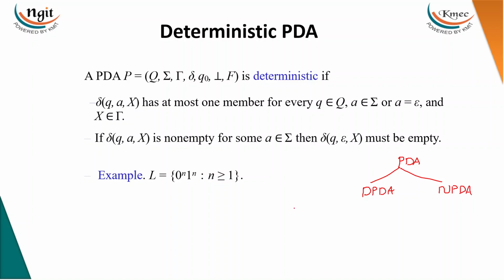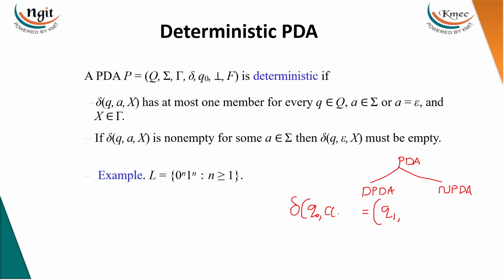Same concept, guys. What does DPDA mean? On any state, if you read any input symbol, in DFA what we have written is that it must go to only one state.